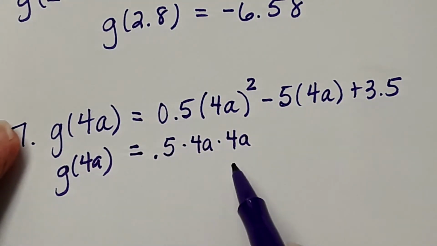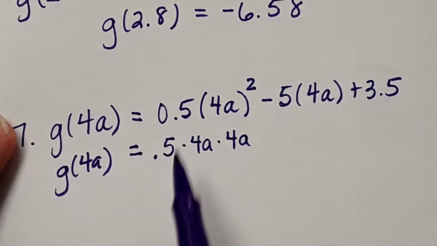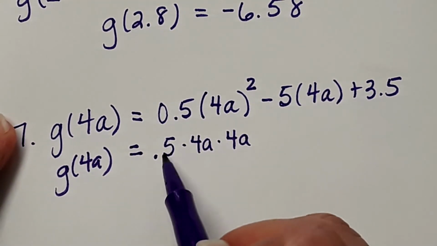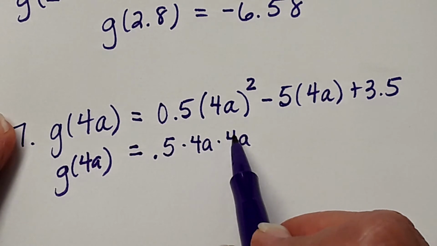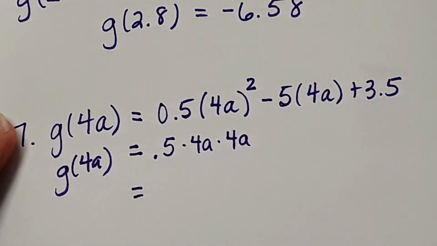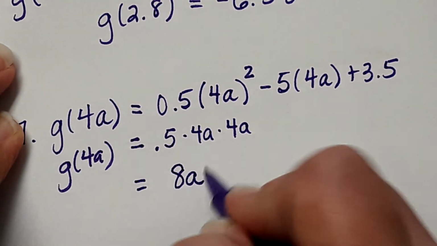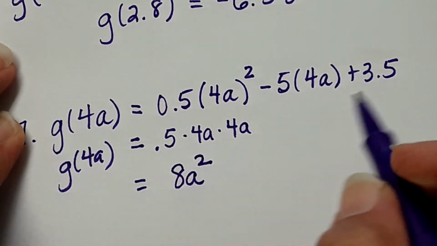Okay. And the reason I did this is you don't have to do it in your notes. I just want to show you why I'm getting this answer. So 0.5 times 4 times 4 is going to be 8. So we're going to get 8a. A times a is a squared.